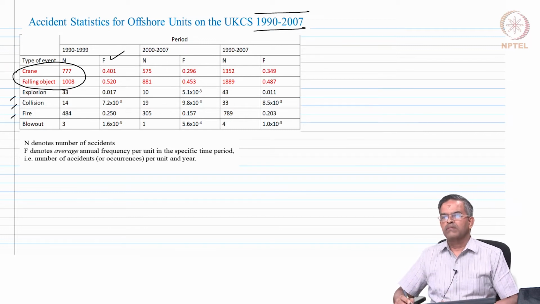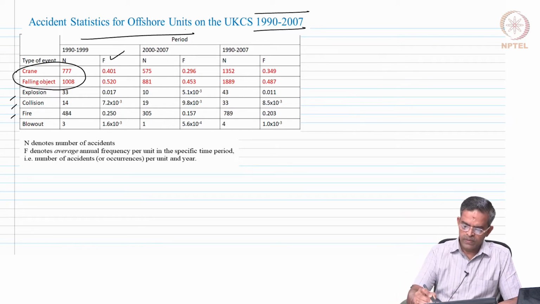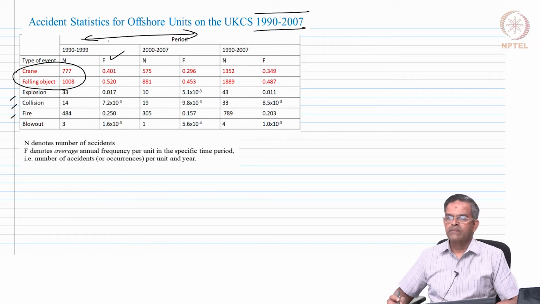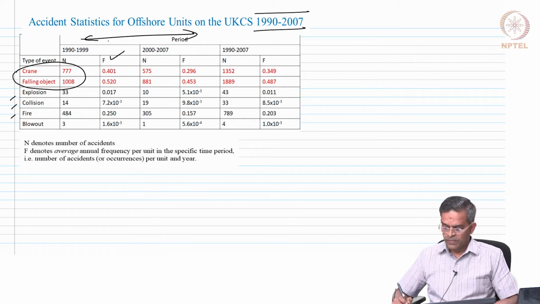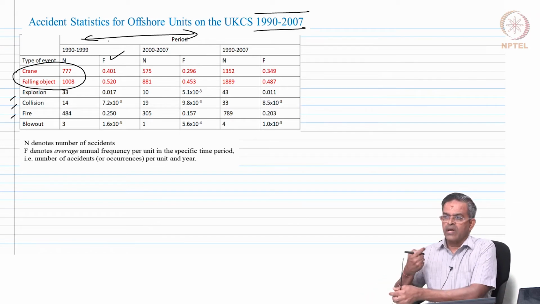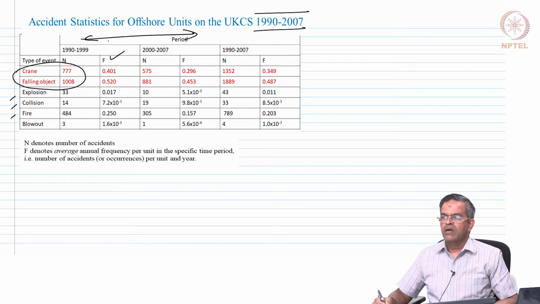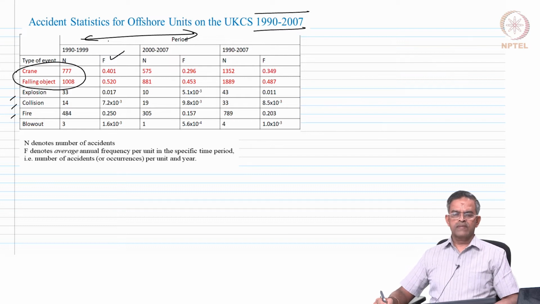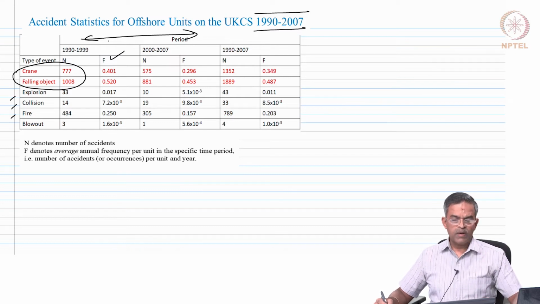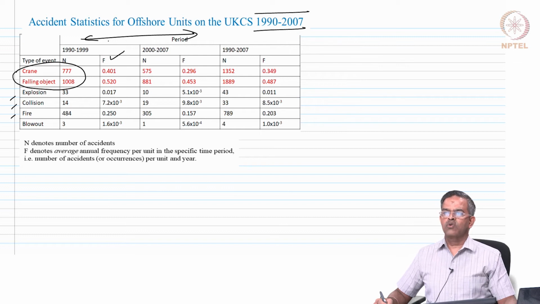See this table, and this has been a consistent mark over the years. So, drop objects, impact loads due to cranes are more frequent, which create accident statistics in at least offshore platforms as per the table shown on the screen.